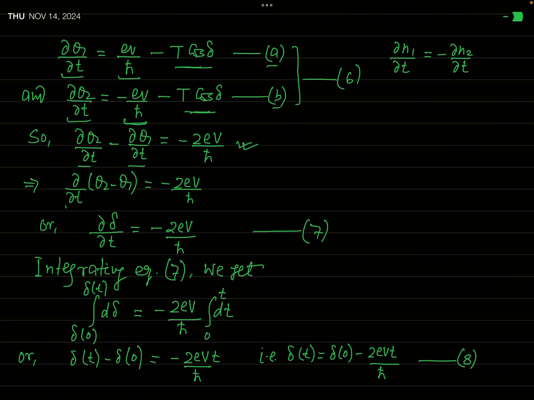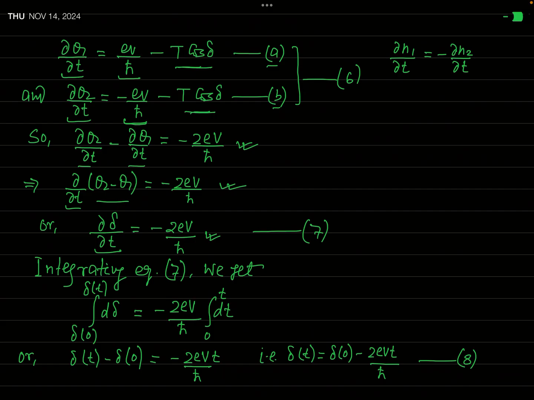The LHS can be written as ∂/∂t of (θ2 minus θ1), equal to minus 2eV over ħ. But this θ2 minus θ1 is written as δ, the phase difference. So ∂δ/∂t is equal to minus 2eV over ħ.